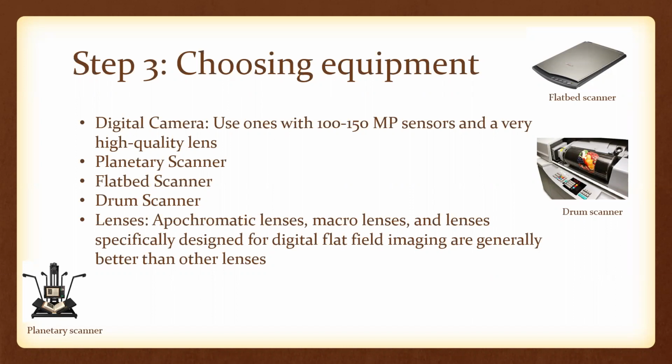Fourth, we have a drum scanner. These work by securing the original item to a surface of a drum. As you can see here on the right, there's that image of the drum scanner. You secure it generally with tape. The drum then spins at a high speed, and individual pixels are captured through a focused lens one at a time as the drum spins. This produces a very high quality scan.